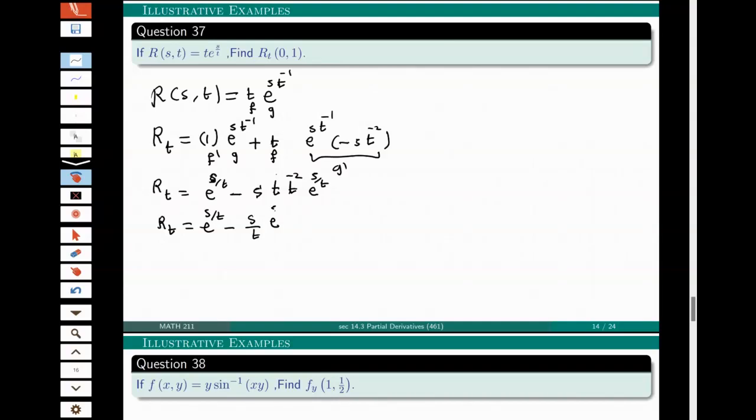Now this is s, this is t, so s over t will be equal to 0 over 1, which is equal to 0. So r sub t at 0 and 1 means we replace s by 0, t by 1, so it will be e to the power 0 minus 0 times e to the power 0, which will be equal to 1 minus 0, which is 1.